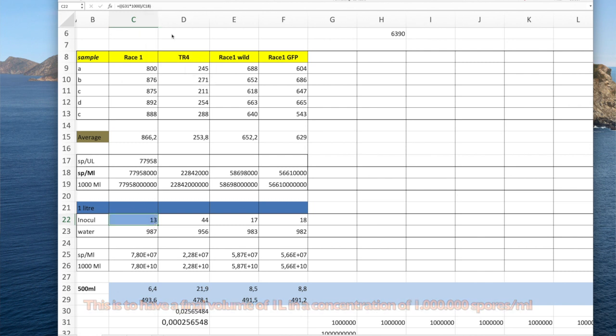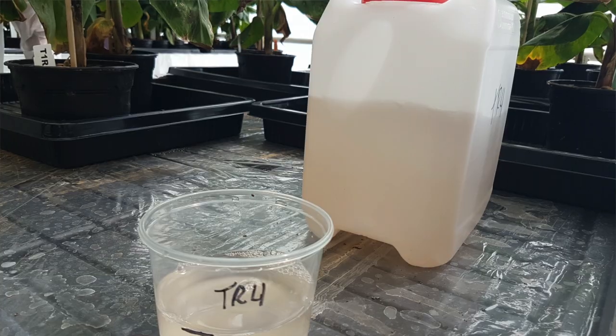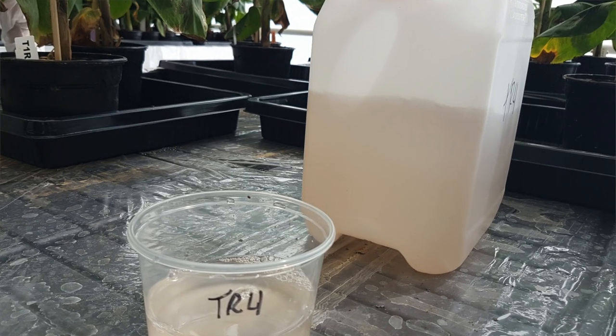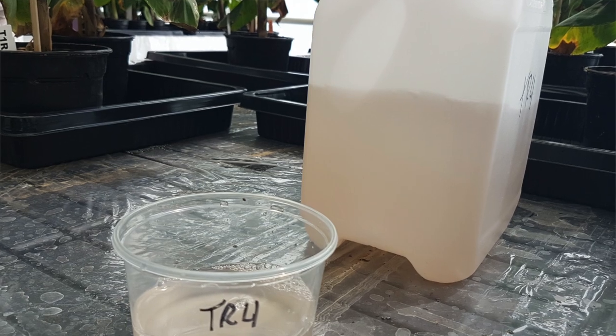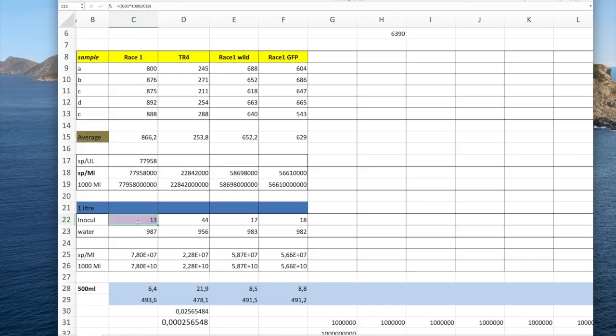So I have my formula ready here, as you can see, and of course you can do it per liter, but you can also do it in half a liter, or sometimes in my case I have to do even 30, 40, 50 liters of inoculum. Here, for example, for 1 liter you need to take 13 microliters and 987 of water.